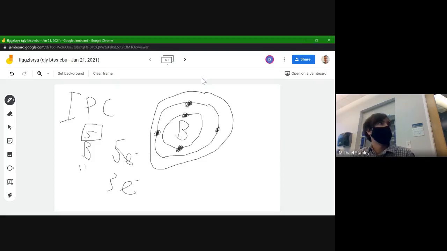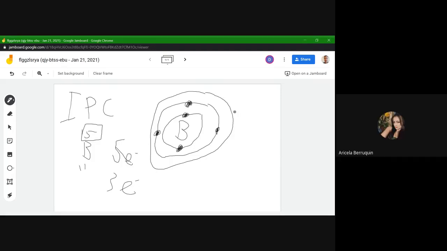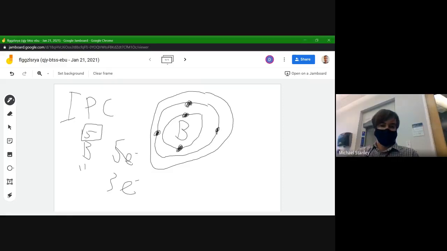So does boron have any electrons on the third shell out here? No. No, exactly. We already put down all the electrons we're going to have. So boron has an empty third shell. It doesn't have anything on its third shell. So excellent job. You figured out starting off with that first shell and then putting the remainder on the second shell.